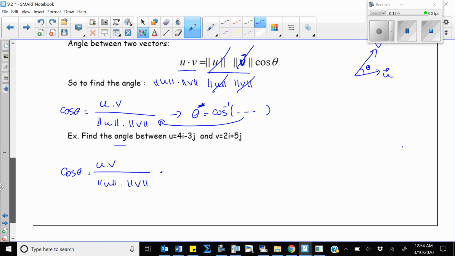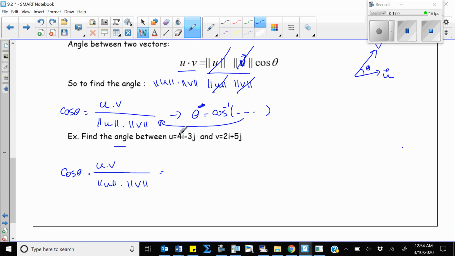So I'm going to multiply x component by x component, which is 4 times 2, plus y component of this one times y of the other one, negative 3 times 5. So it will be 4 times 2 is 8, 3 times 5 is negative 15, 8 minus 15, which is negative 7.